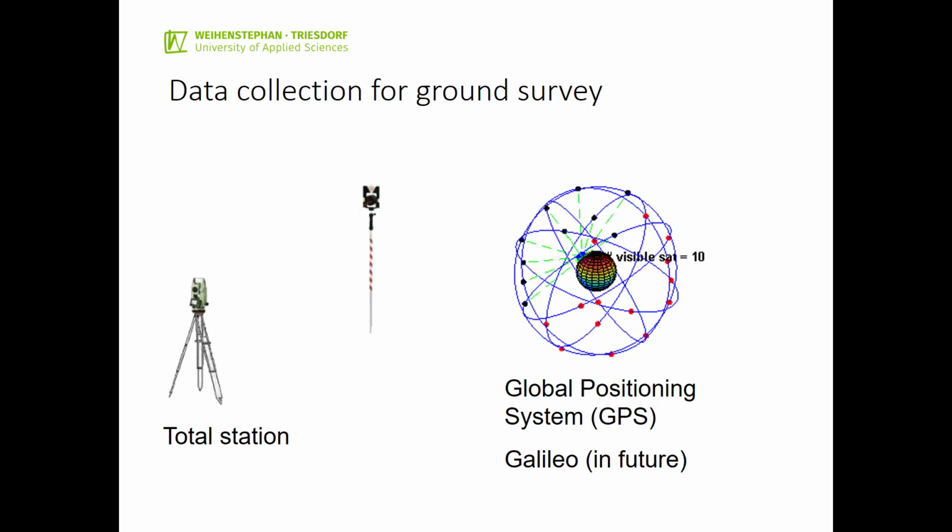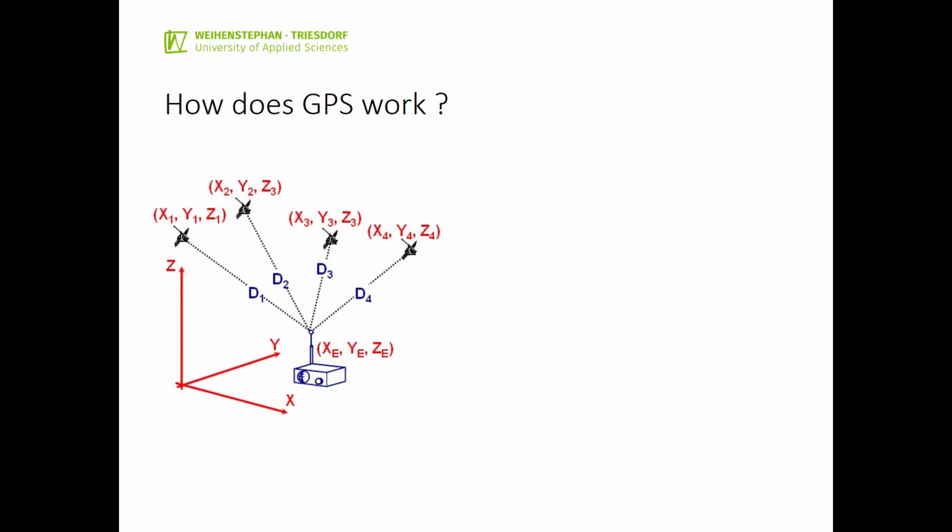On a bigger scale, there is now GPS available, or in the EU, Galileo. These are positioning systems based on satellites. We have a number of GPS satellites in the orbit, and if your GPS receiver can receive more than 3 satellites, often it's 18 or 20 now, but if you have more than 3, you could already calculate your position by triangulating your positions from the distance and angles towards the different satellites.